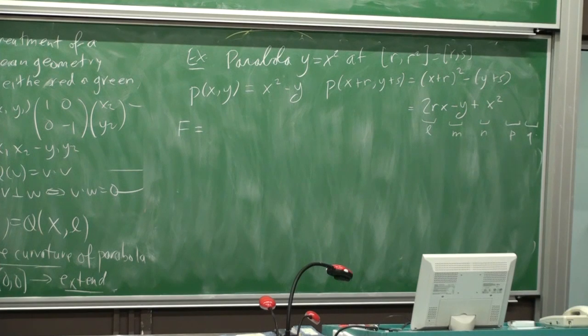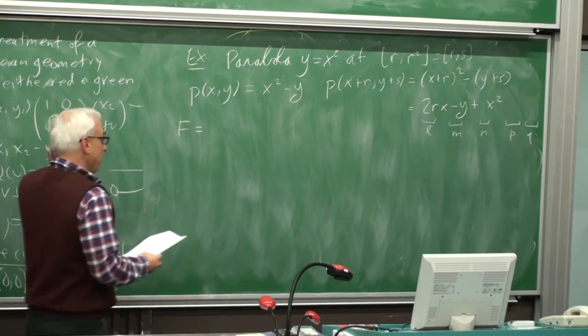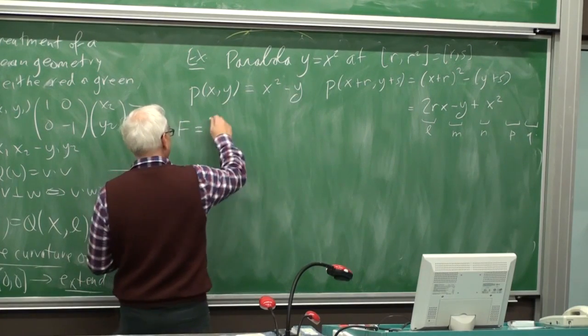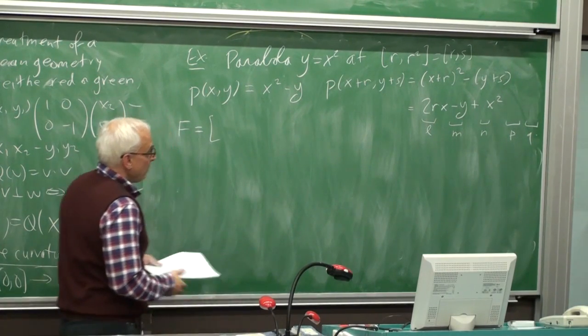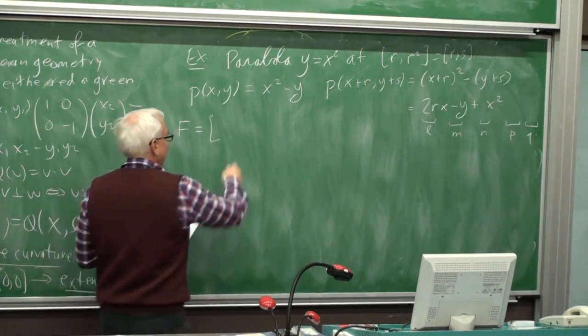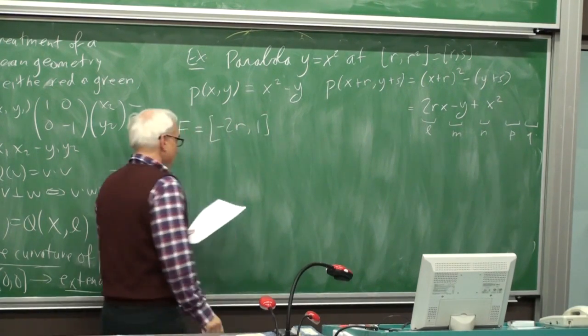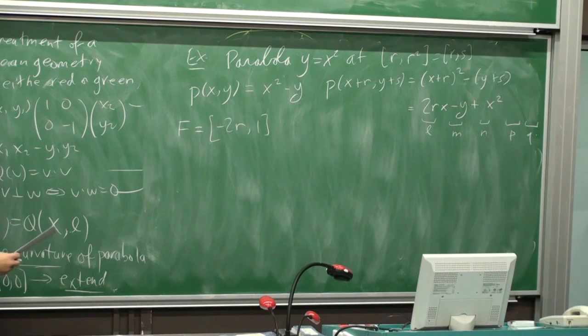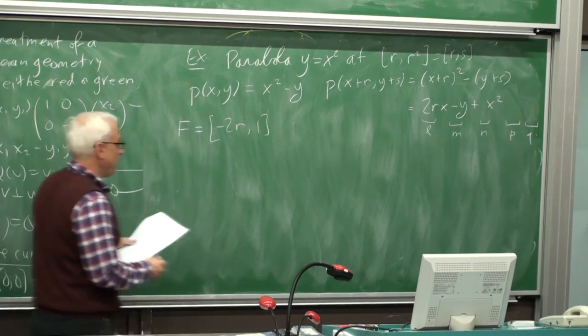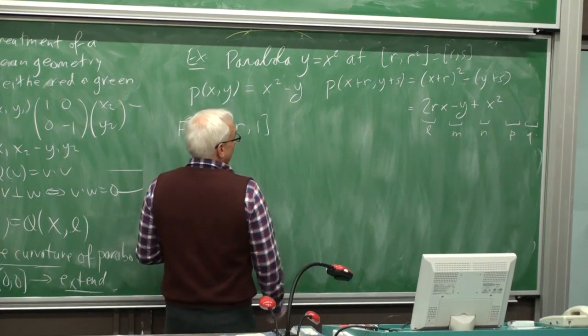Just going to apply the formulas. So the formula for the focus was that we should take minus l and minus m, so minus 2r and 1. And then we should multiply by this delta on 4. And what was delta?